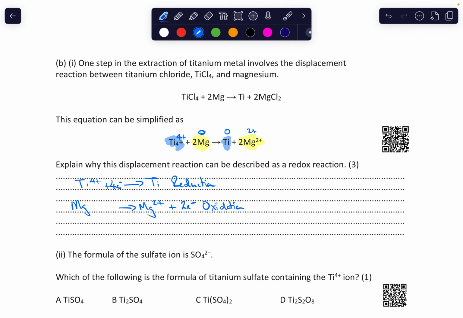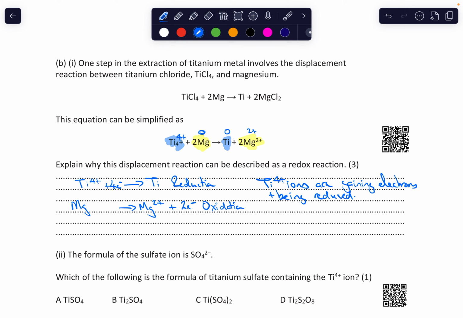So, to explain why this is a redox reaction, we need to say in here that the titanium ions are gaining electrons and being reduced.